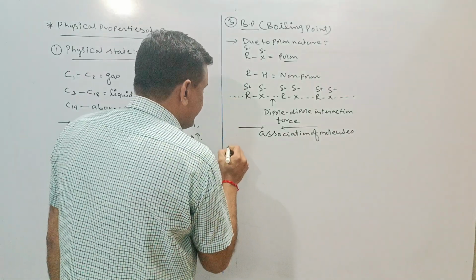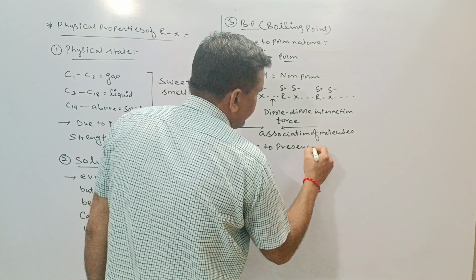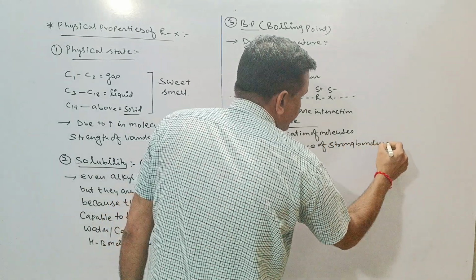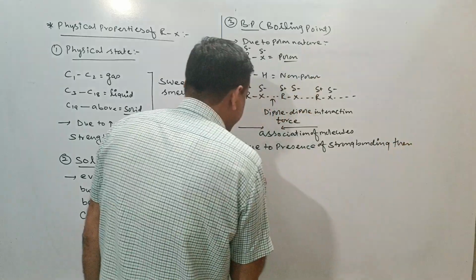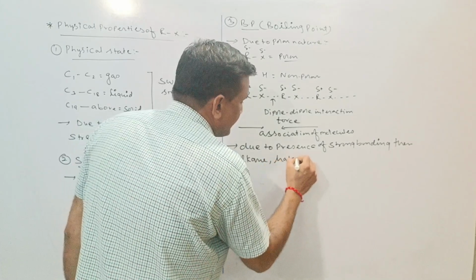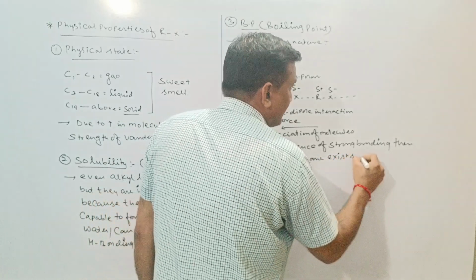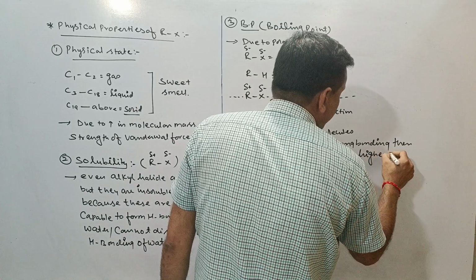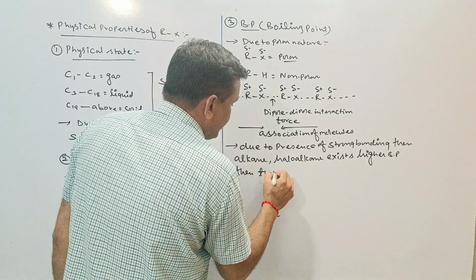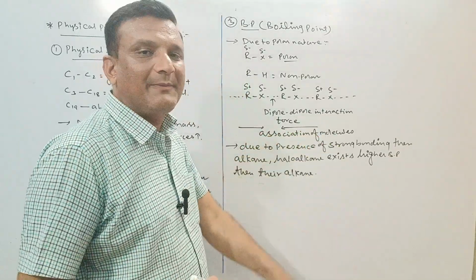So we can say that due to presence of strong bonding, haloalkane exists with higher boiling point than their alkane, and the reason is polar nature and presence of dipole-dipole interaction.